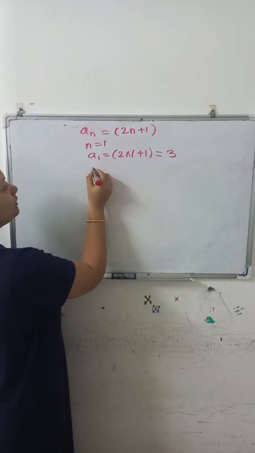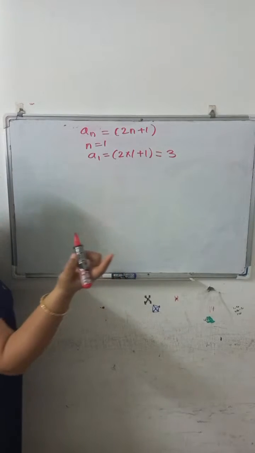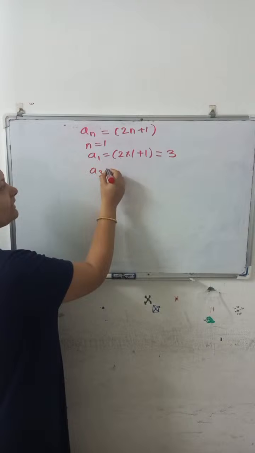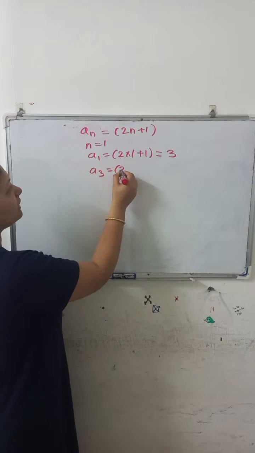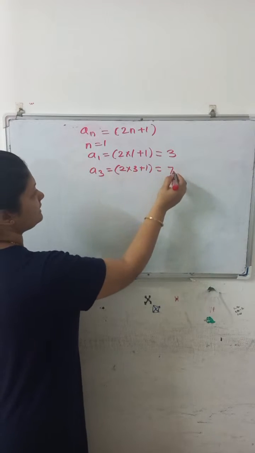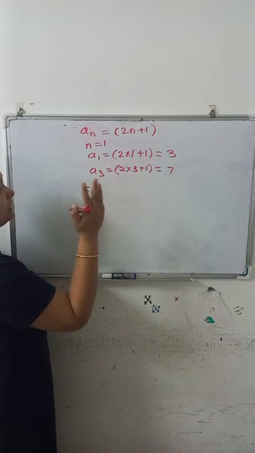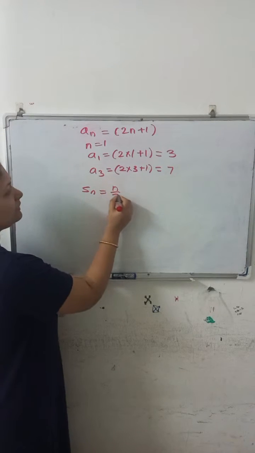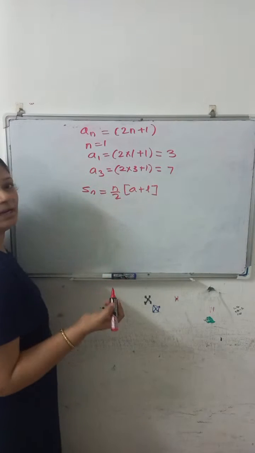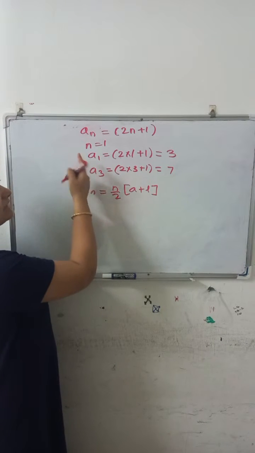So the first three terms, the middle one I do not require here; if you want you can calculate it. Then for n equal to 3, it is 2 into 3 plus 1, so 6 plus 1 is 7. Now the formula: Sn is equal to n by 2 (a plus l), where l is a3 and the first term is a1.